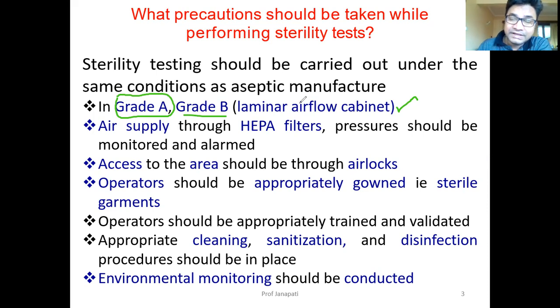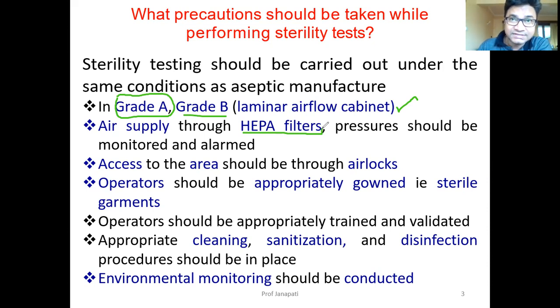Now, the air in that room should be controlled. So it has to pass through HEPA filter. High efficiency particulate air filters, they are established in pharma industry. Through this, air has to come into that room where we are doing the test. And pressure should be monitored.